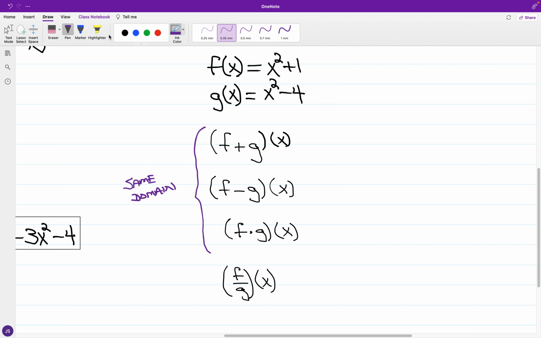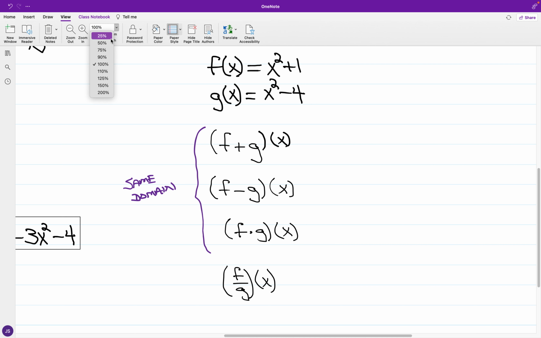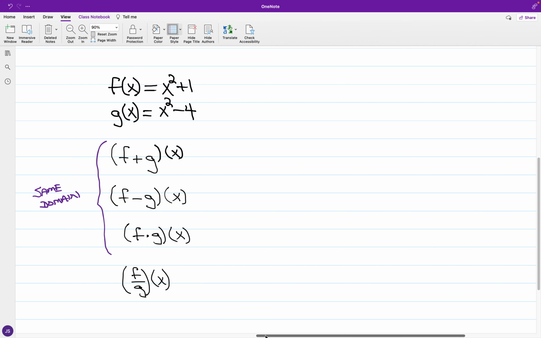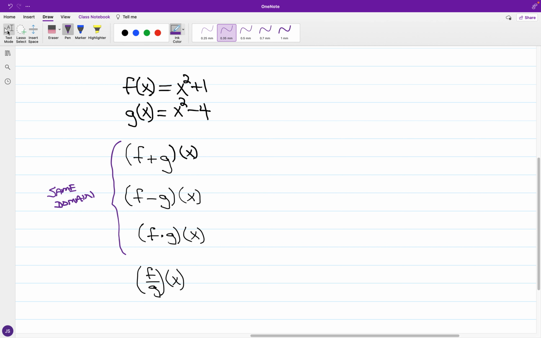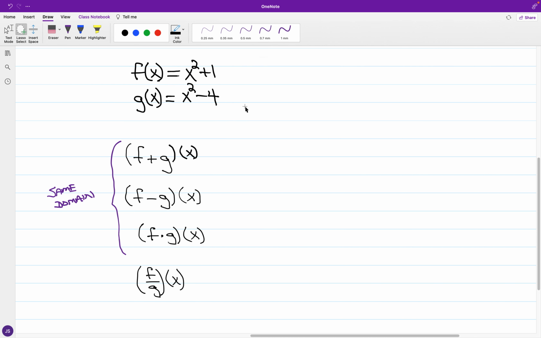Now, looking at it essentially through the prism of any restrictions that are applied for the individual functions involved. So we have f of x and g of x. f of x is x squared plus 1, and g of x is x squared minus 4.